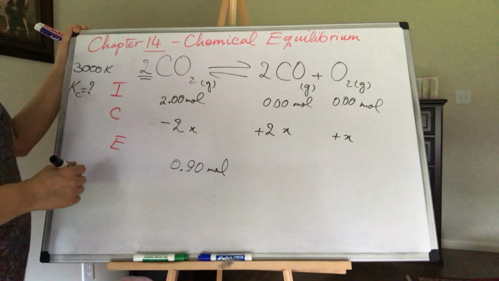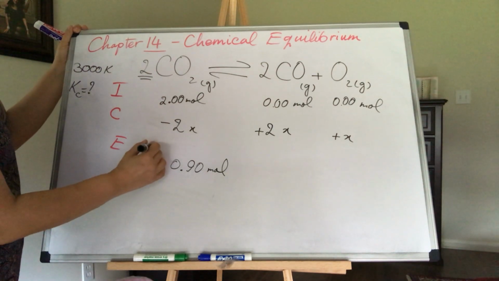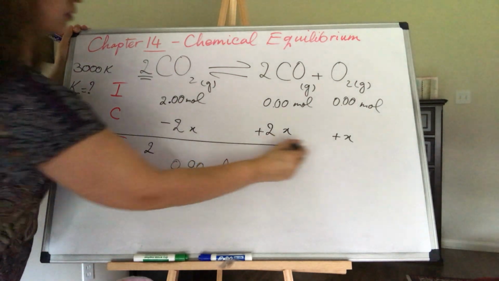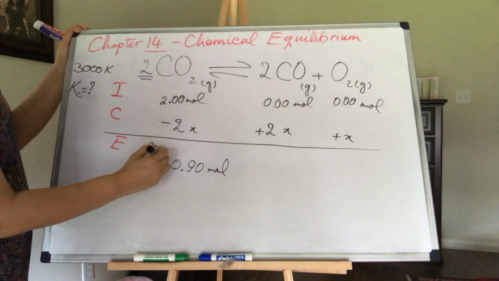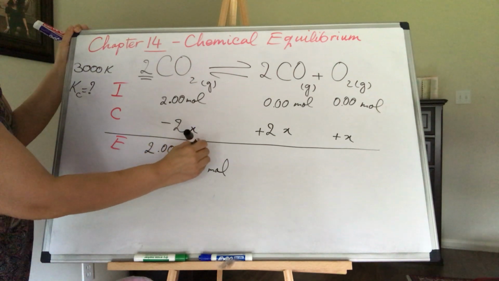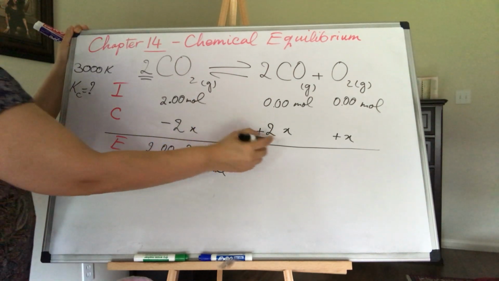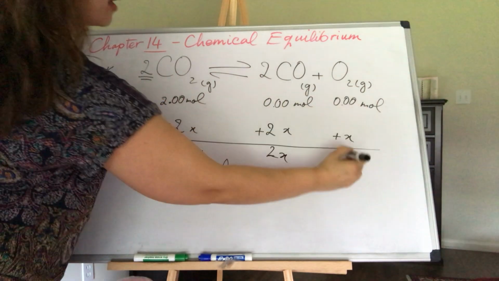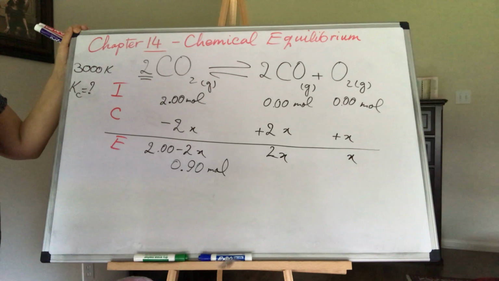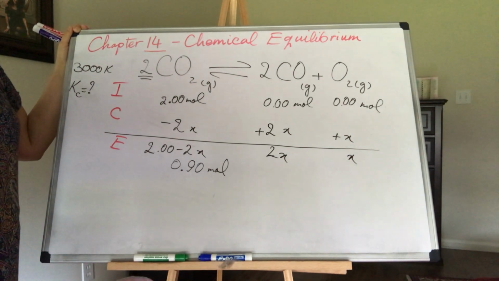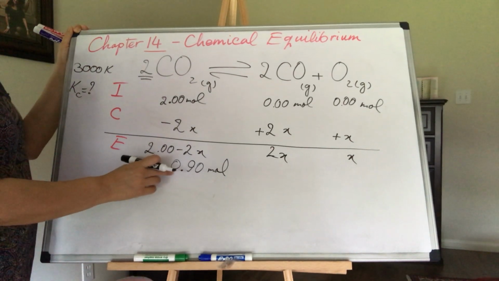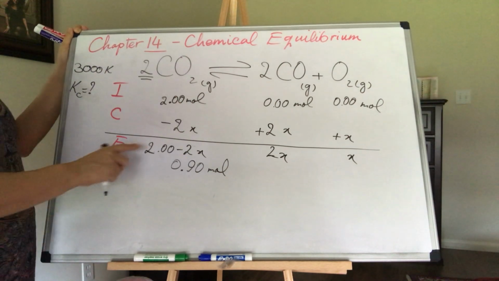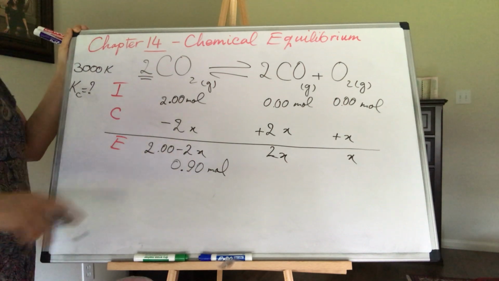So at equilibrium, you have 2 minus 2x, then 0 plus 2x, and then x. The question said you have 0.9 moles of carbon dioxide left. So 2 minus 2x is 0.9 moles.